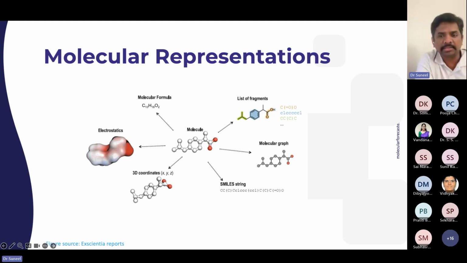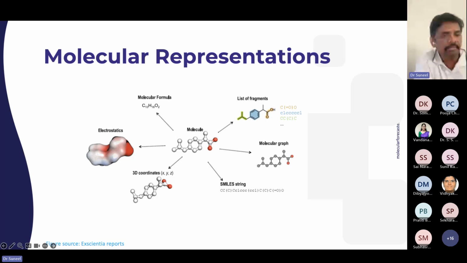One is SMILES, the simplified molecular input line entry system, a widely used format for representing chemical structures as a 1D string, which is human readable. We can take the entire molecular information into 1D, convert it into a fingerprint, convert that into bits, and use it in either ML or deep learning models.